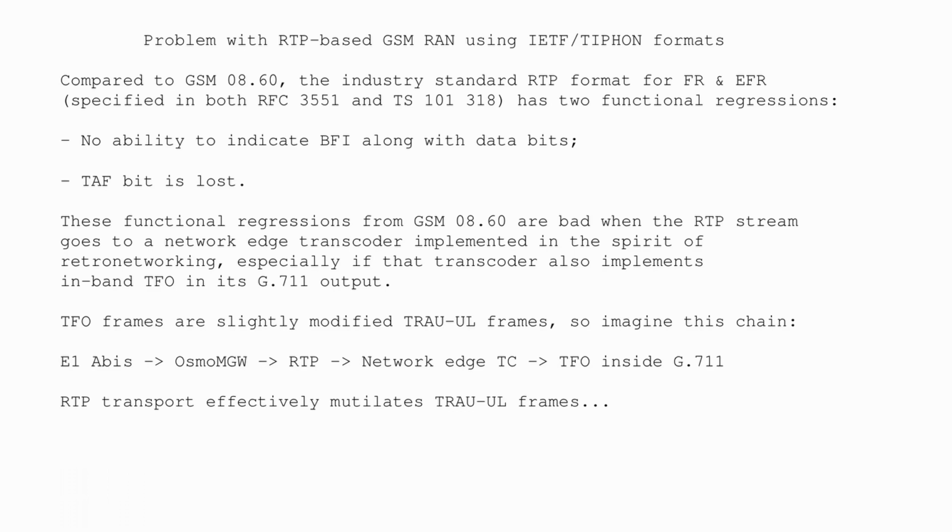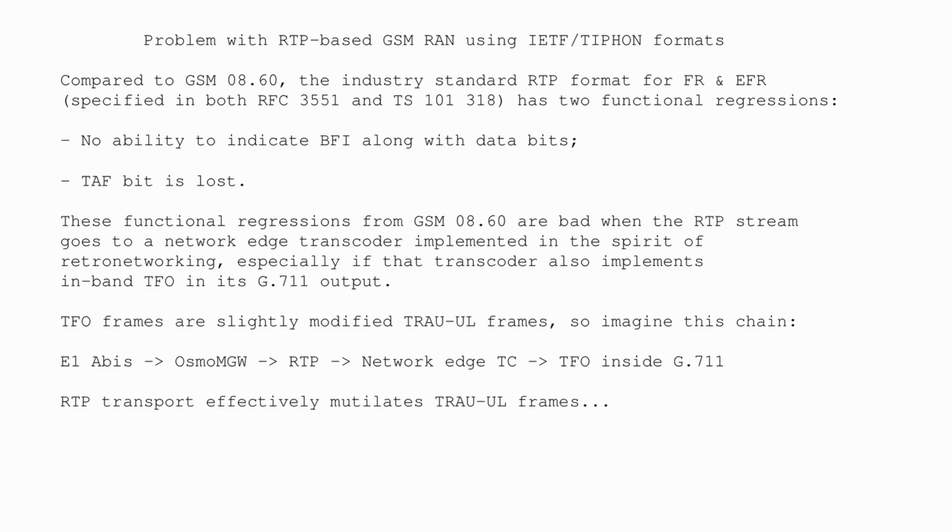So what started all of this work, what was the trigger for me to get involved and contribute to Osmocom and improve all these things I'm talking about, was that I was building a GSM network that interfaces to the outside world in G.711. So I needed to implement a network edge transcoder specifically, and I wanted to make my network edge transcoder behave as closely as possible to a traditional TRAU and to replicate this retro networking GSM experience.